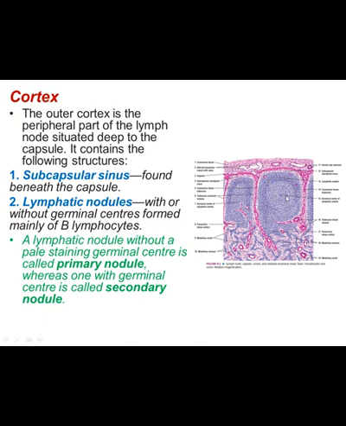This big area is called lymphatic nodules. And it has germinal center, or it has not, with or without germinal center. If a lymphatic nodule is without germinal center, it is called primary nodule, whereas one with germinal center is called secondary nodule.